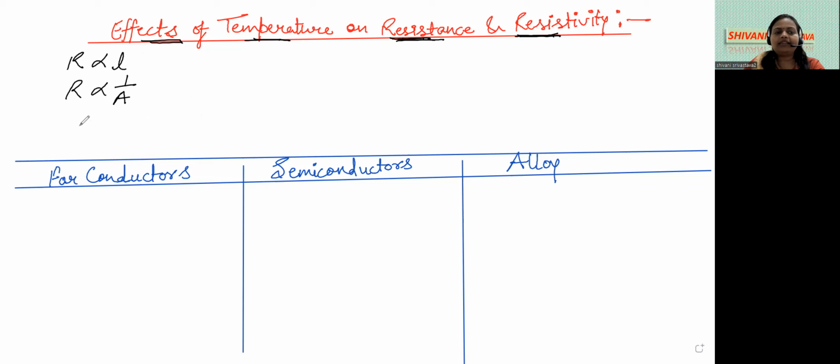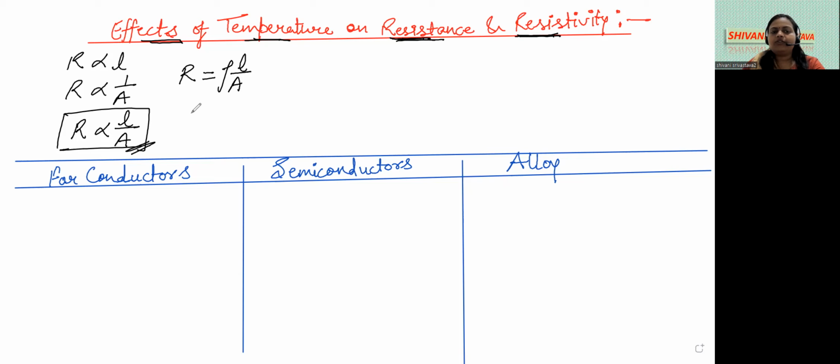Combining both, R is directly proportional to length upon area of cross section. Now when we remove the proportionality, we get R is equal to rho L upon A, where rho is the resistivity.